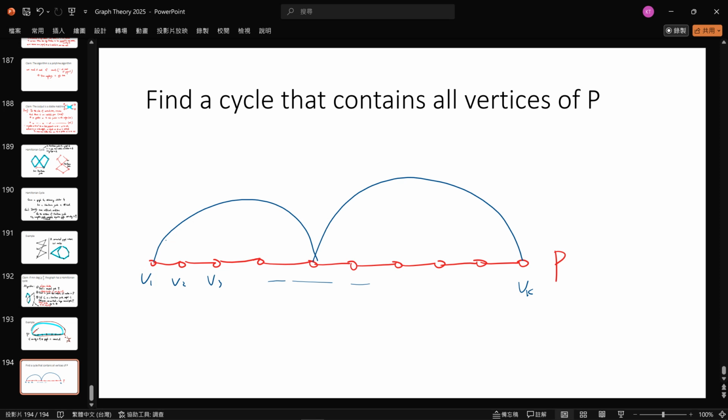We can add 2 edges and try to use these 2 edges to form a cycle. But we cannot use both 2, because this does not create a cycle. So let's assume that we keep the first edge. Now my question is how to add the second edge so that there's a cycle containing all the vertices.